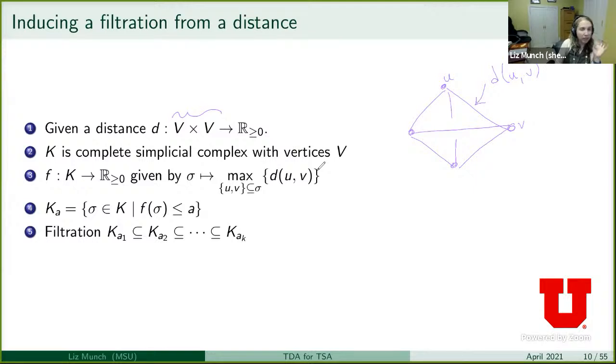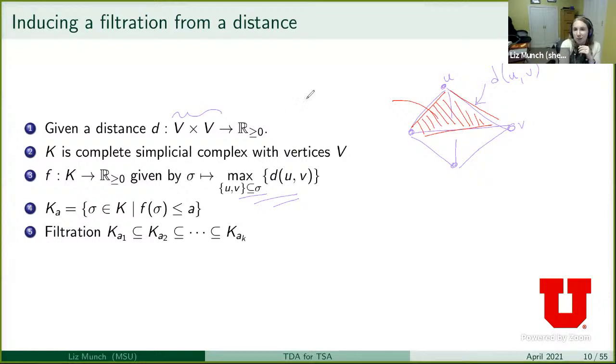So I can give a weight to every simplex by looking at the maximum value of all of the pairwise distances. For instance, for this particular triangle, the weight is given by the maximum of all of the edges involved in my triangle. So the maximum of that distance, and that distance. That gives me a simplicial function on my complete simplicial complex.